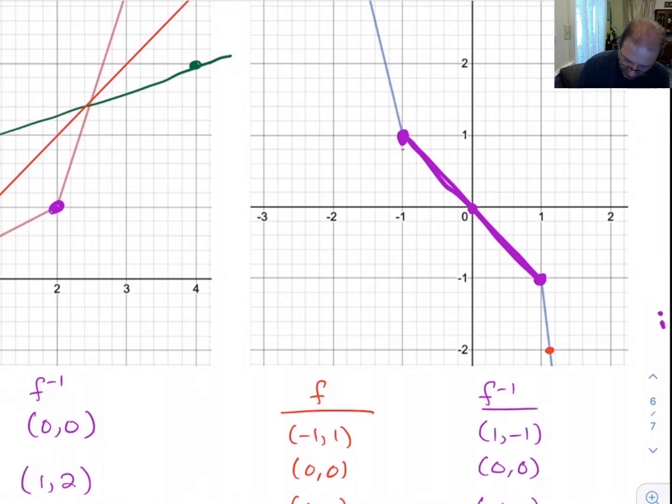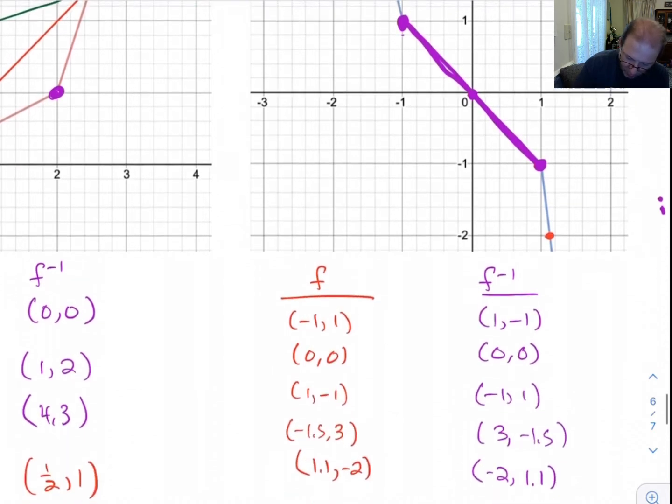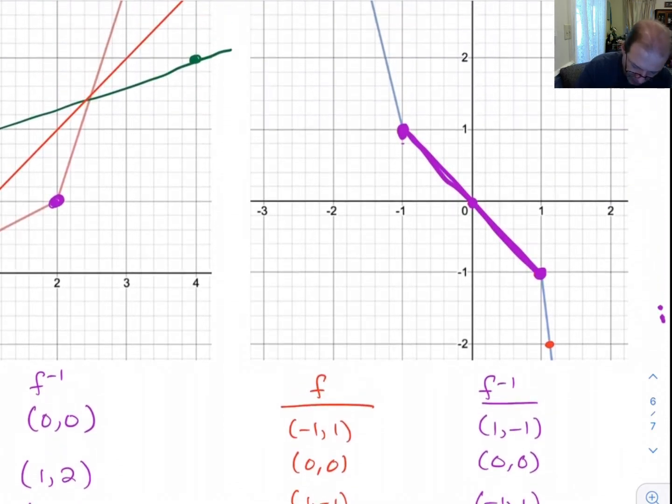Yeah, (3, -1.5), and then (-2, 1.1). So negative 2 is going to be back here, then up to 1.1 is there. So I get this and this.